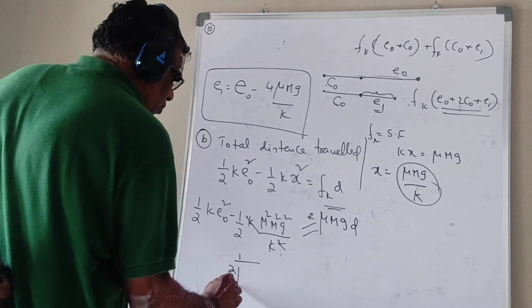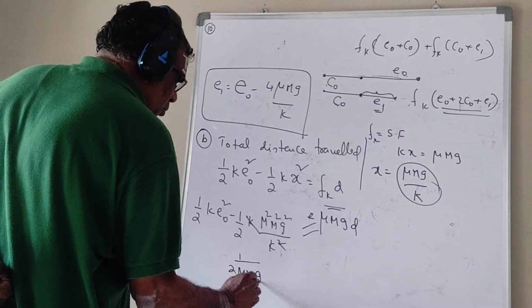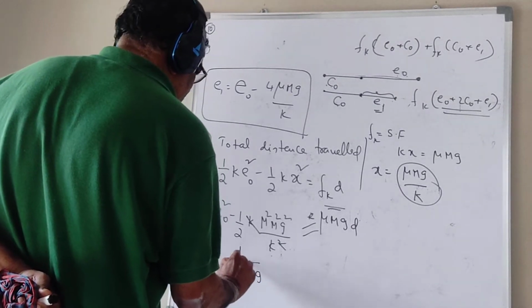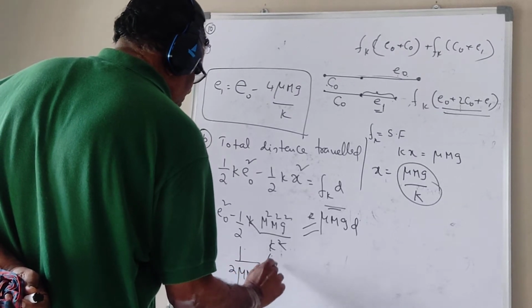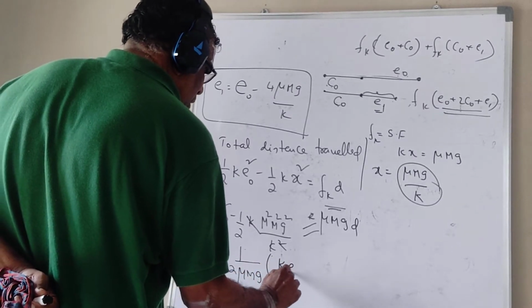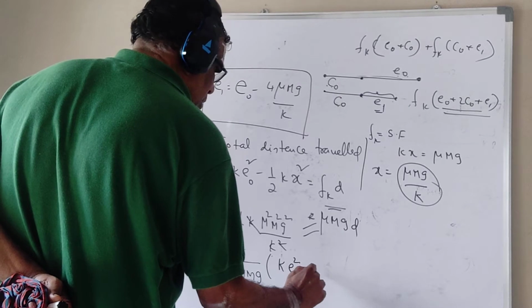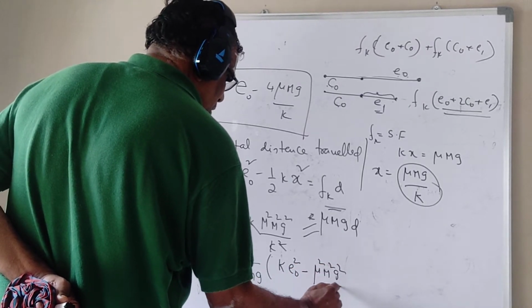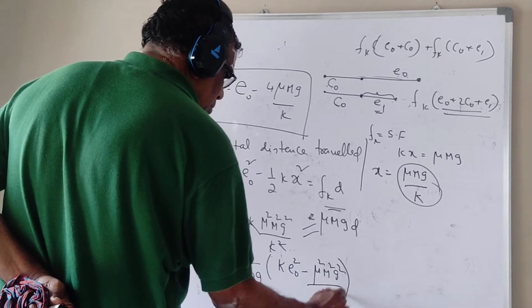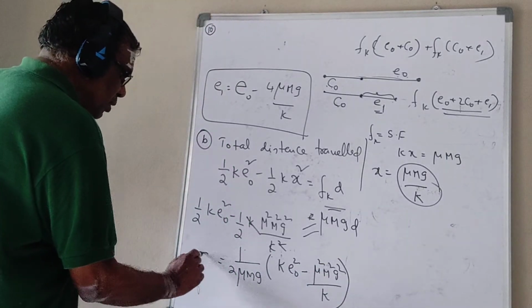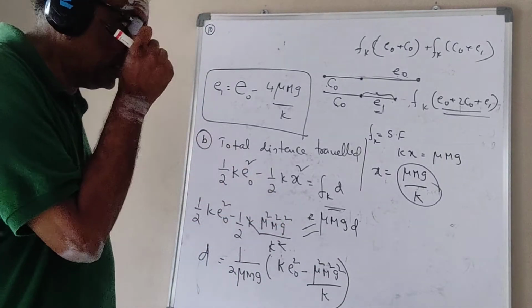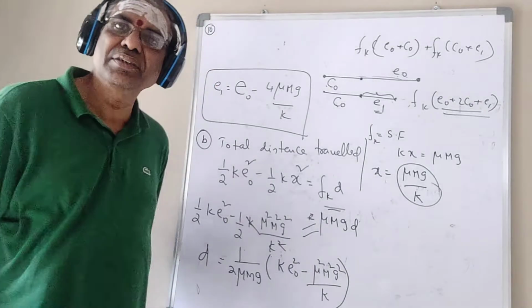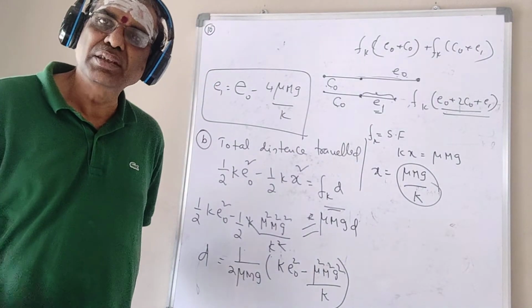Maybe 2 mg k E naught square minus mu square m square g square by k. This is the total distance traveled. Is this clear to you?